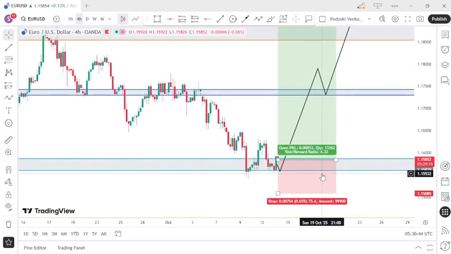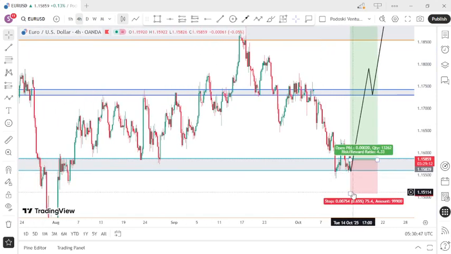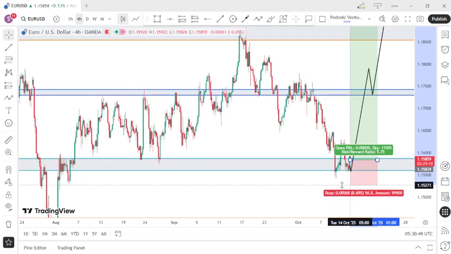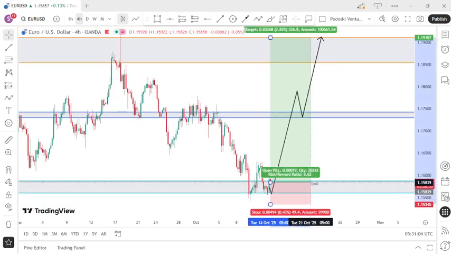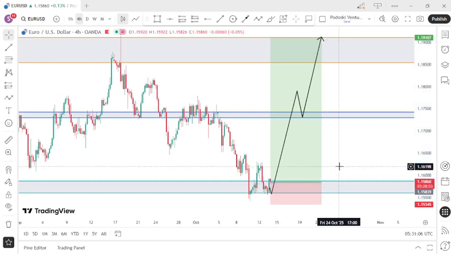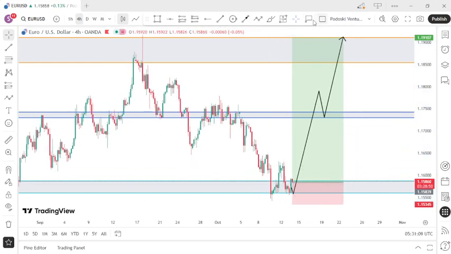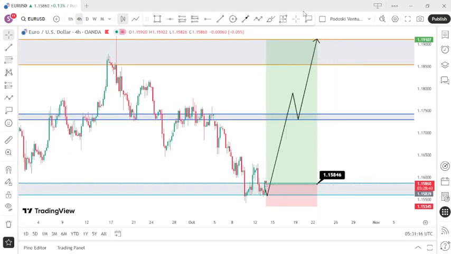Let's buy Euro USD. Let's put our entry at 1.1548.